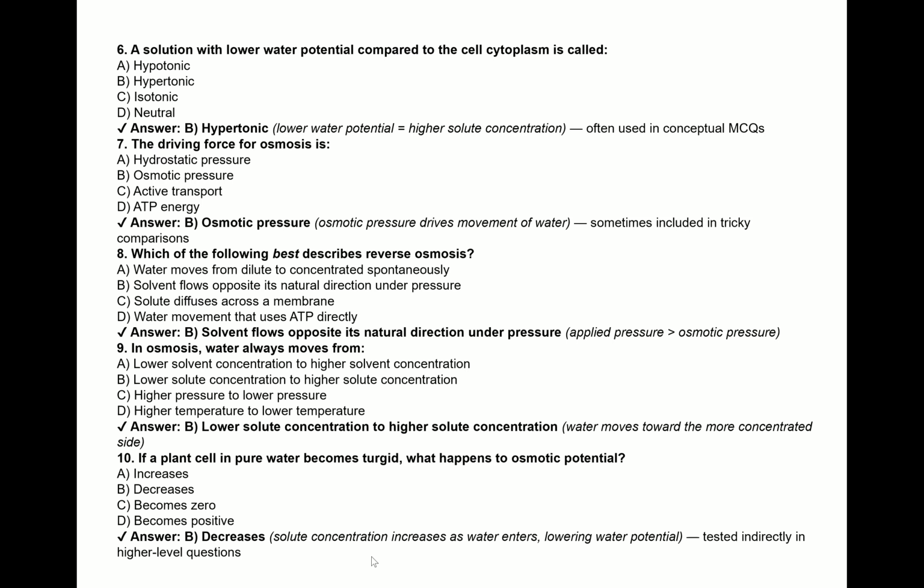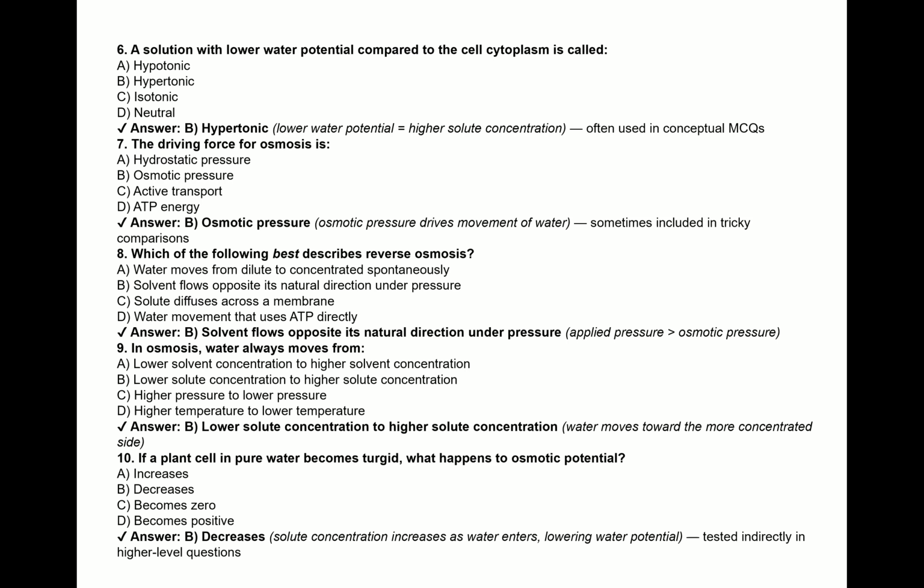If the solute concentration increases, it will lower the water potential. So for osmotic potential, it generally decreases. Osmotic potential means the osmotic pressure which is required to stop the osmosis.